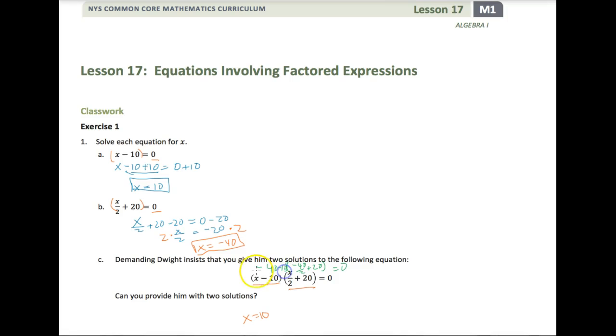Oh, sorry, I was trying to be neat, but there you go. Anyway, we get negative 50, and then this was 0. We already proved it up here. Negative 50 times 0 is 0. So what we find out is that x could be 10 or it could be negative 40, either one of those two. If either part of this product is 0, then the whole thing is 0, and that's what we're looking for.